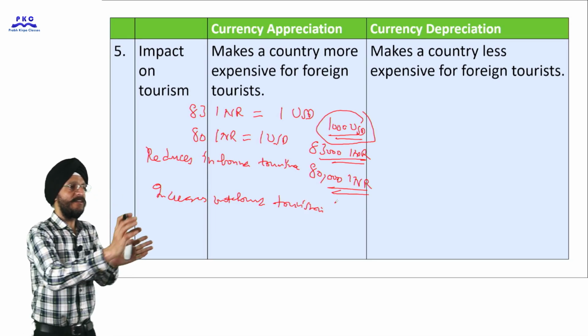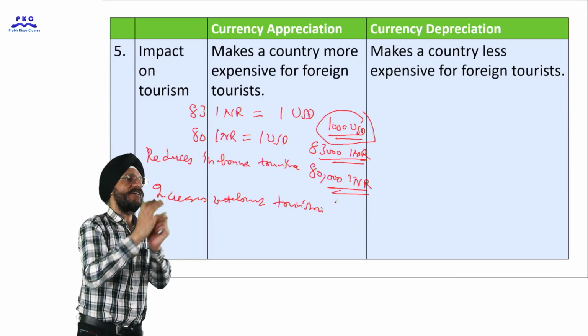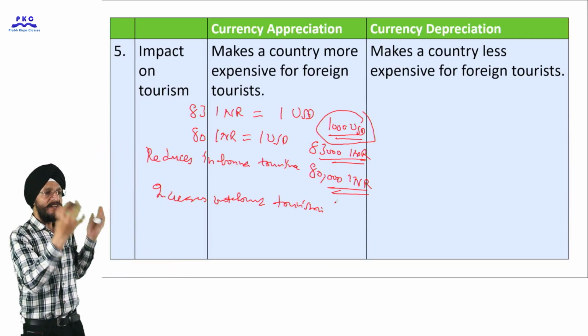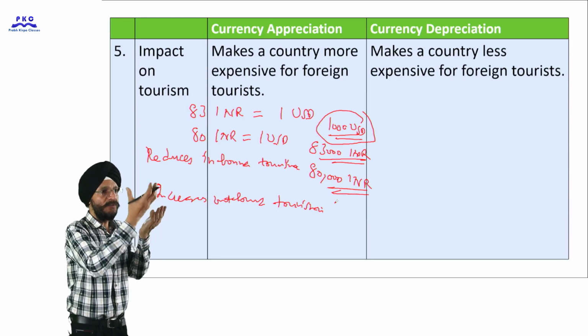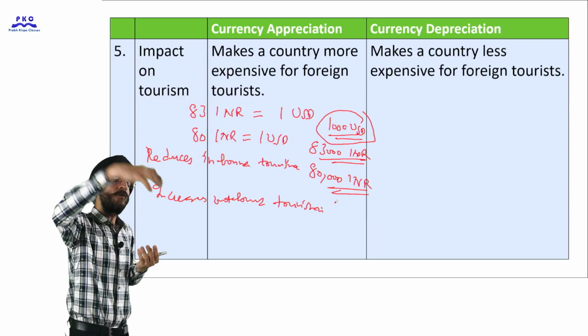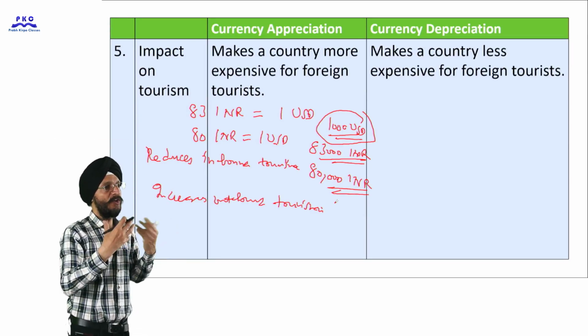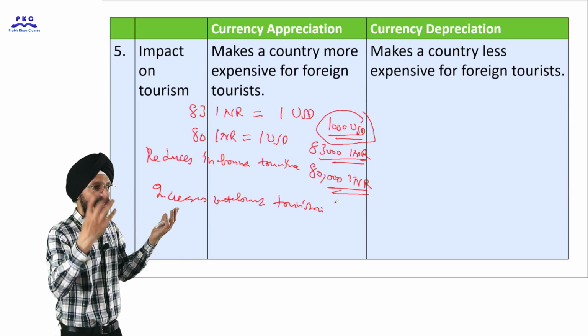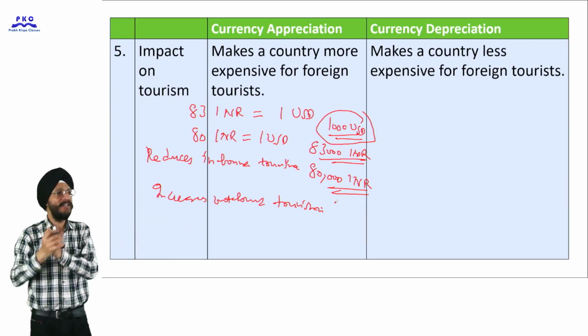We have first understood that foreigners are visiting India. Now there are also persons who want to visit other countries from India. They also want to have fun and enjoy life.